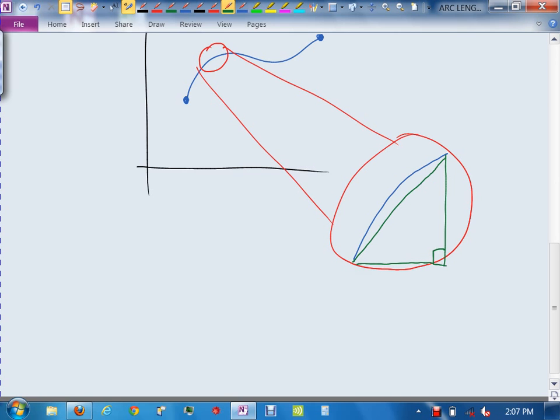But do you agree that that hypotenuse, which I'll do in a different color, how about in this darker purple, is pretty close to the length of that curve? What would make it an even better approximation? If I zoomed in even more, right, and got a smaller triangle. And what if I zoomed in even more? Well, isn't that the same idea as taking a rectangle like we did with area?